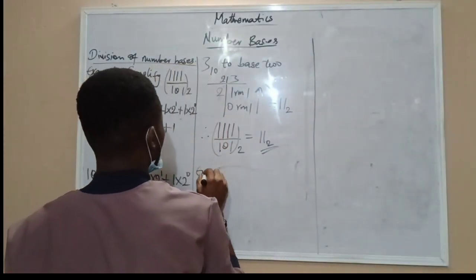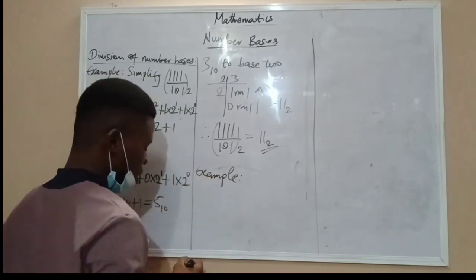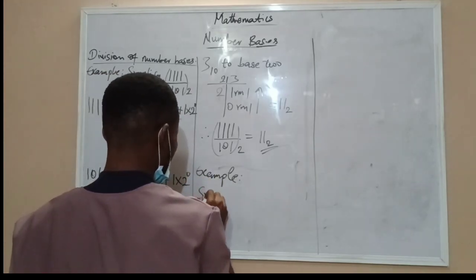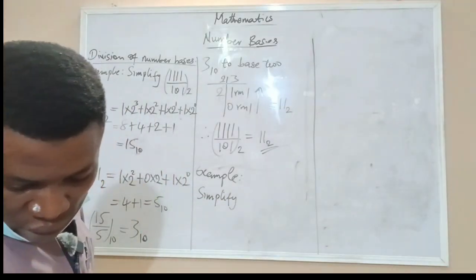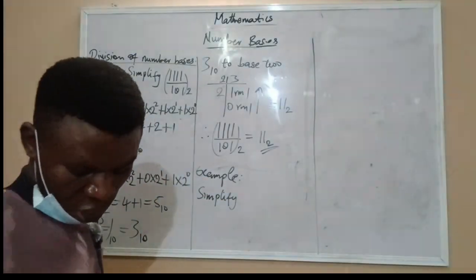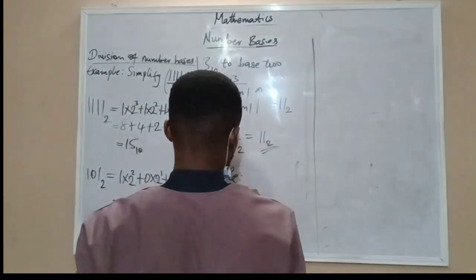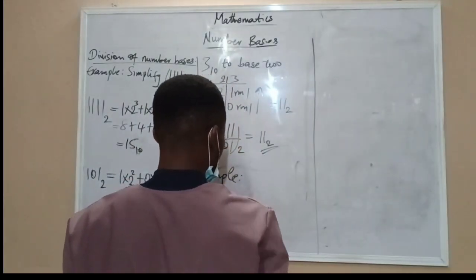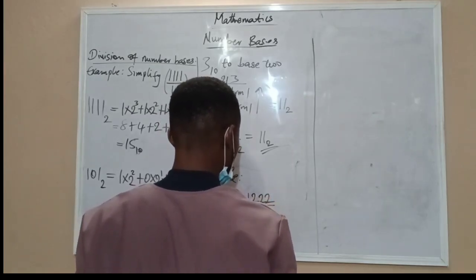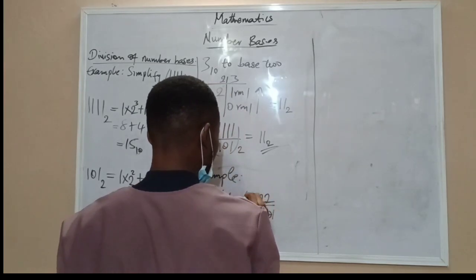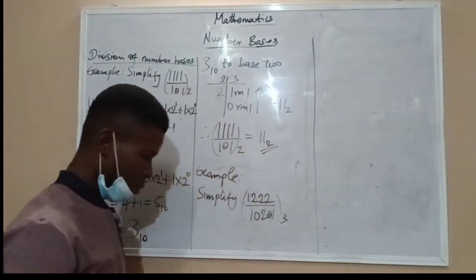Another example, I don't even know which example it is, all I know is example. Another example says simplify 1,222 all over 10,201, all of them in base 3.